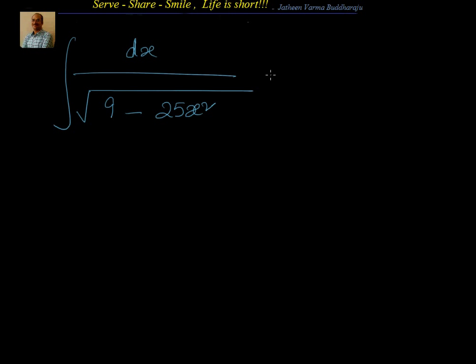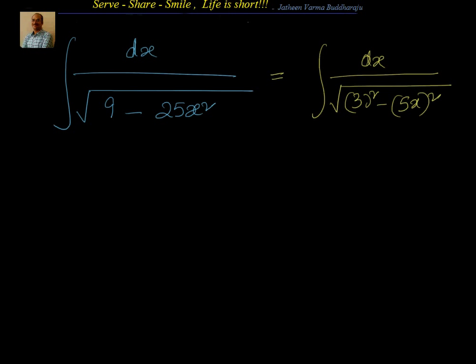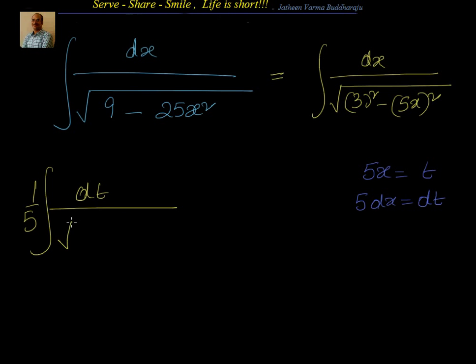We have to find the integral of 1 by root of 9 minus 25x square. Again, I am tempted to look here: this is 5x whole square and 3 square, so I'll write it as 3 square minus 5x whole square. I will say 5x equal to t, then I will have 5 dx equal to dt. So the integral of dx is 1 by 5 dt, so it will be dt divided by square root of 3 square minus t square, times 1 by 5.